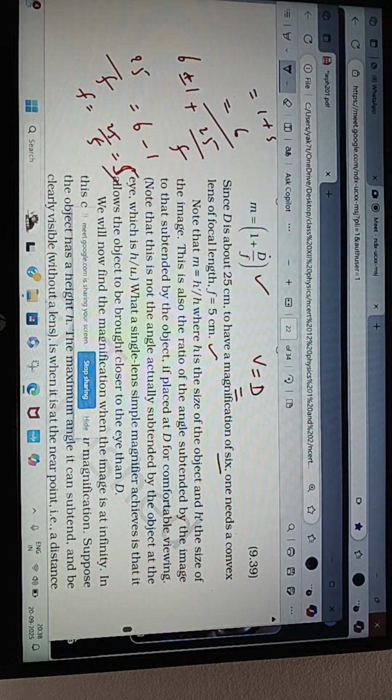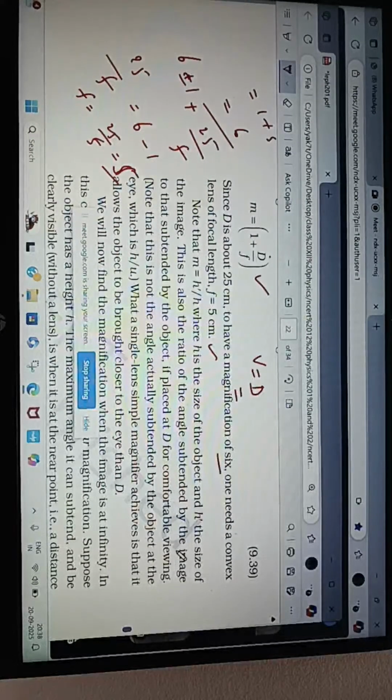Next, one more magnification is given. What is that? You just read it out. Note that magnification m is equal to h dash by h, where h is the size of the object and h dash is the size of the image. This is also the ratio of the angle subtended by the image to that subtended by the object.